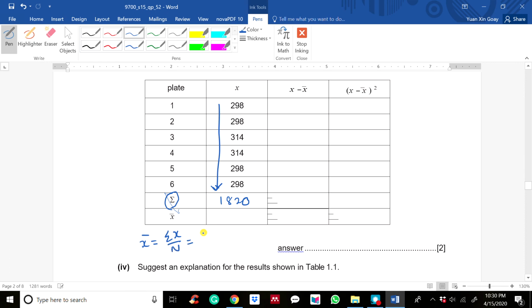In this case, the sum of observations is 1820 divided by the number of observations, which is 6. So the mean value will be equal to 343. Put this down.